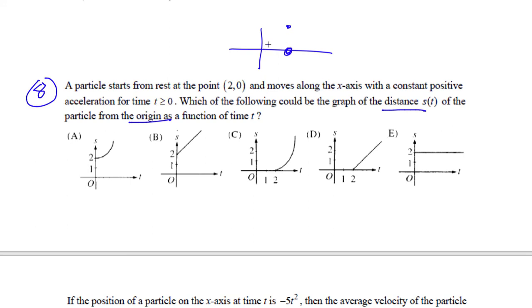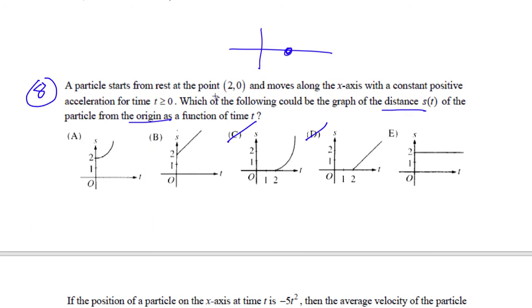So if I come up here, that distance. If I come here, it's that distance. If I come over here, it's that distance. What is that distance from the origin? Well, I know that I start at a positive amount. So if I start at a positive amount, that actually does eliminate C and D, interestingly enough. It should be A, B, or E.